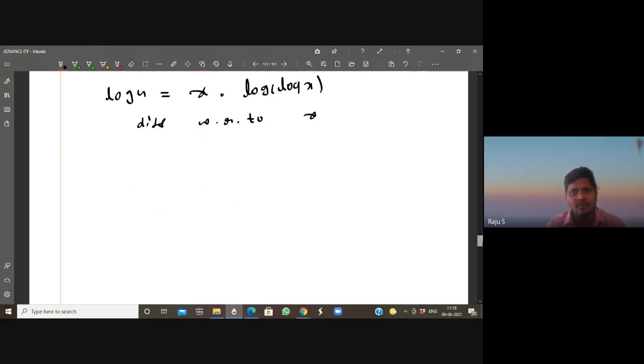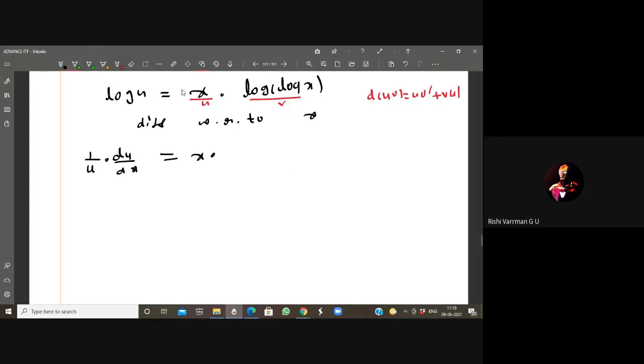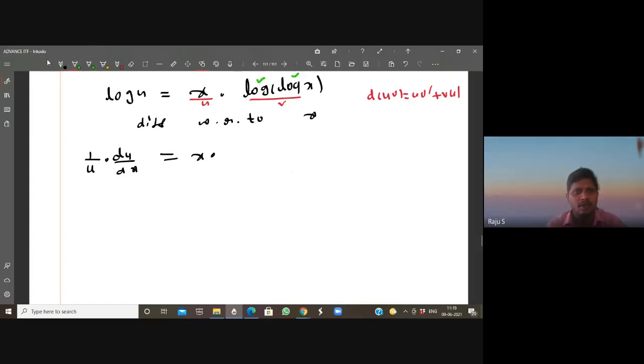Now when you differentiate here, 1 by u into du by dx. Right side is what? The uv rule. This is u, this is v. D of uv is u v dash plus v u dash. In almost every question we are applying this product rule. So x into the derivative of log of log x. Again here the chain rule: first, derivative of log is 1 by log x, and again the derivative of log x is 1 by x.